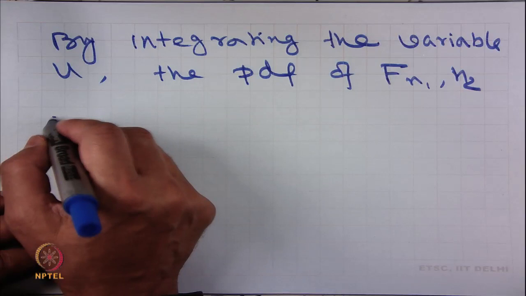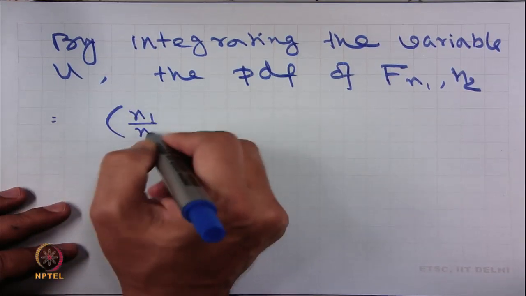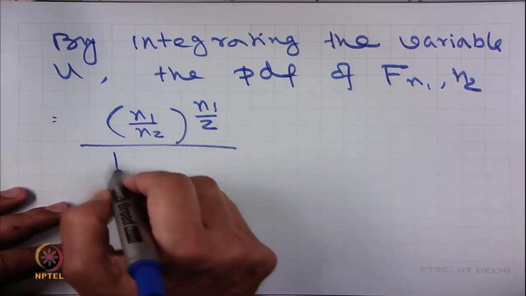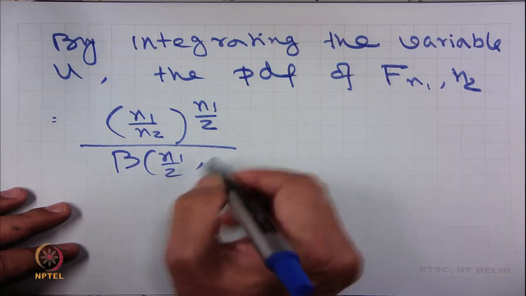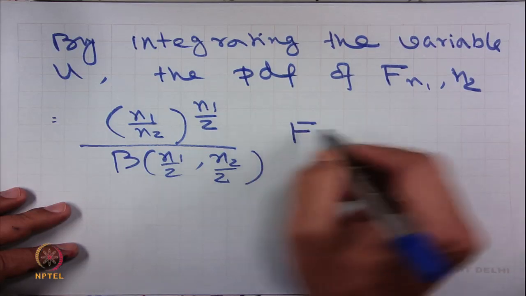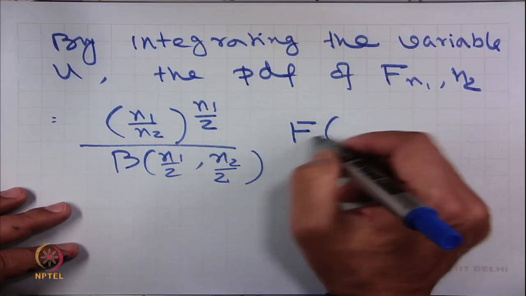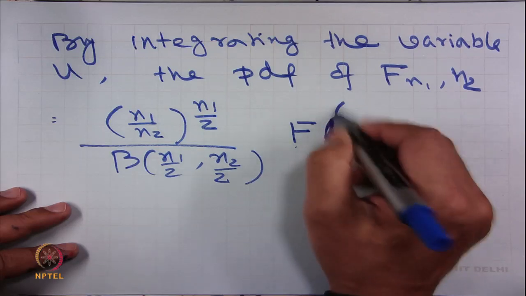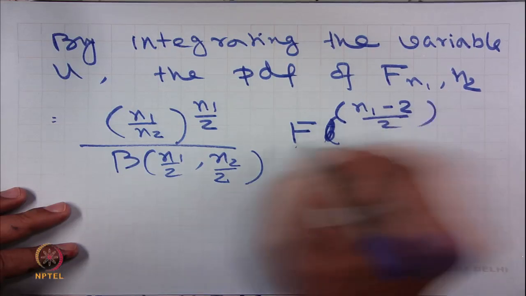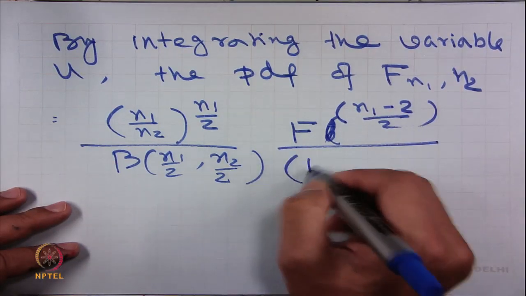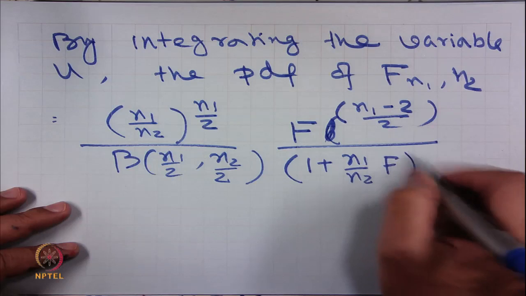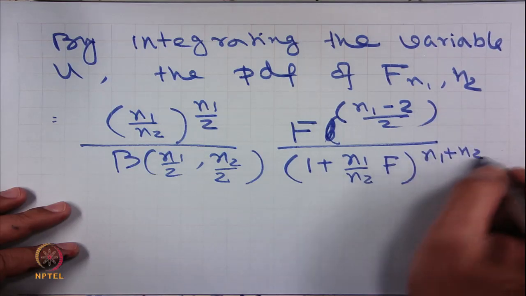So, the result is going to be n1 upon n2 to the power n1 by 2 upon beta n1 by 2, n2 by 2, f to the power n1 minus 2 by 2 divided by 1 plus n1 by n2 f whole to the power n1 plus n2 by 2.